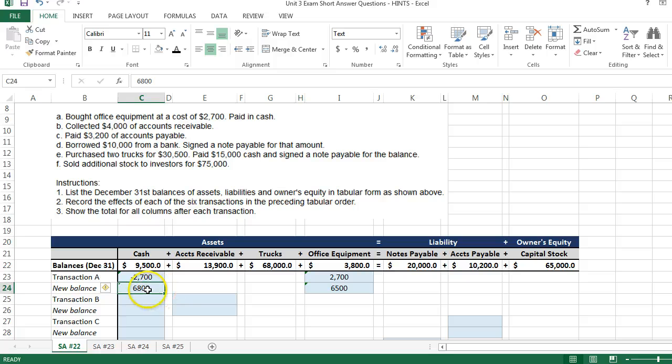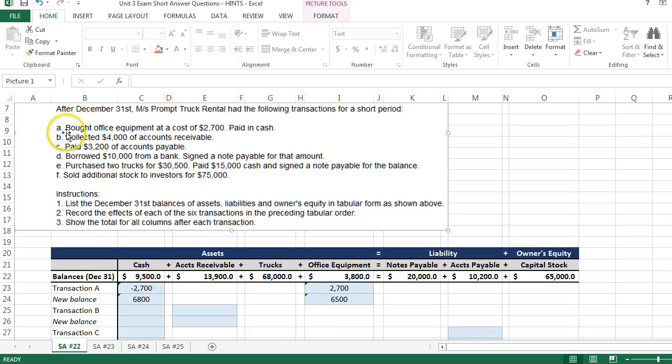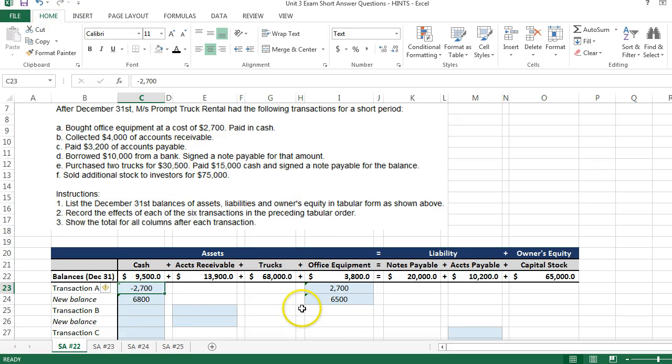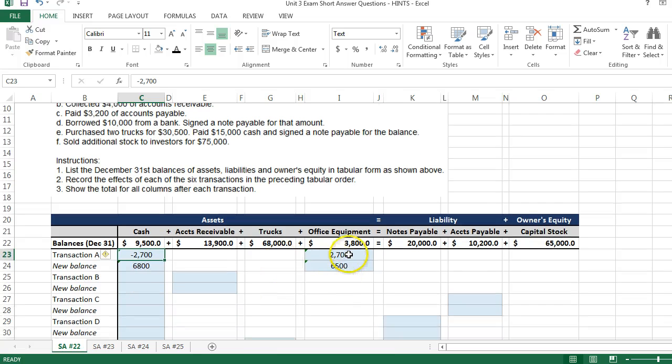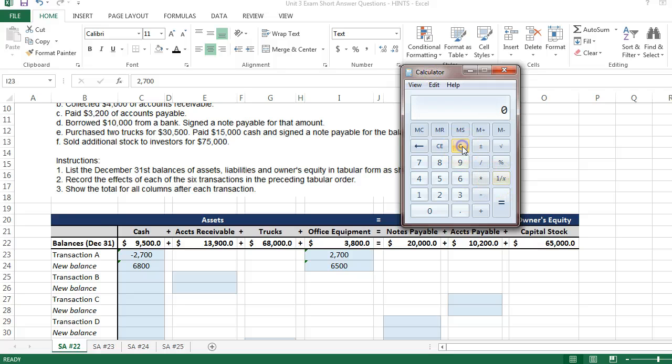So make sure to record your new balance, and then that's the balance you'll start with when it comes to your next transaction. Also, for this transaction A, remember we always affect 2 accounts with each of these transactions, at least 2 accounts. Bought office equipment at a cost of $2,700. So we spent that $2,700 in cash, and it went towards our office equipment. So we're increasing the value of our office equipment.